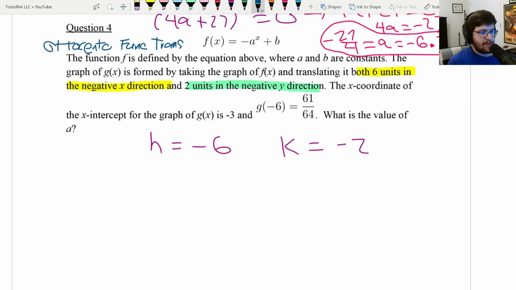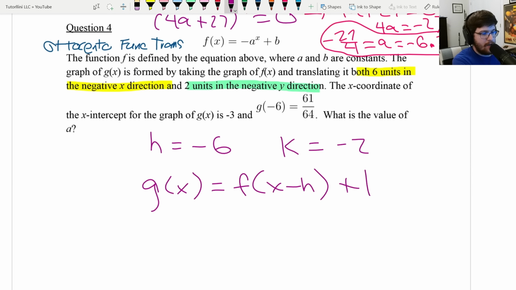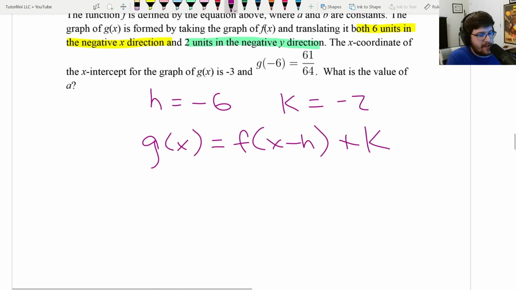So we are going to use the expression f of x minus h plus k. So g of x, the resulting graph, is equal to f of x minus h plus k. So change, keep. The h has a minus in front of it, so it gets changed. Plus k, it gets kept the same because it has a positive in front of it.